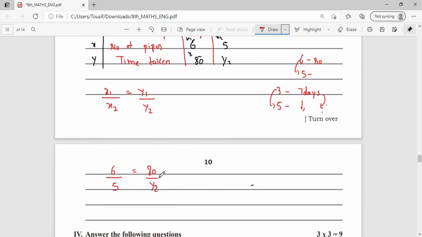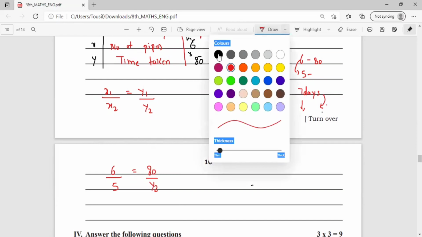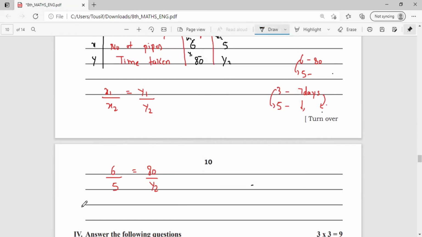One of the fractions should be reciprocal: 6 by 5 we write as it is, and 80 by y2 we write reciprocal as y2 by 80. It is an inverse proportion, so we have to invert one of the values. Cross multiply: y2 into 5 is equal to 6 into 80. Once again, y2 is equal to 6 into 80 divided by 5.